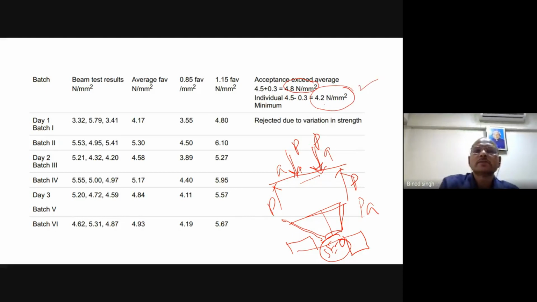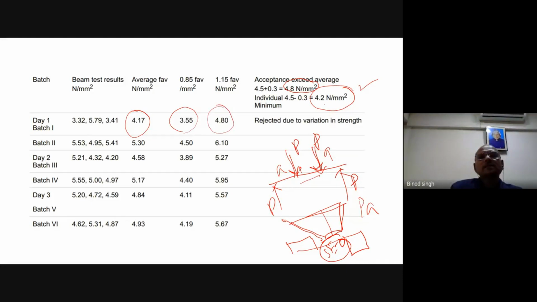So if you see here in the first day batching of a building project, one beam test is coming 3.32, 5.79, 3.41. So average value is 4.17. So this value is less. Similarly, if you take the 15% plus minus, this is coming 3.5 or this is coming 4.8.